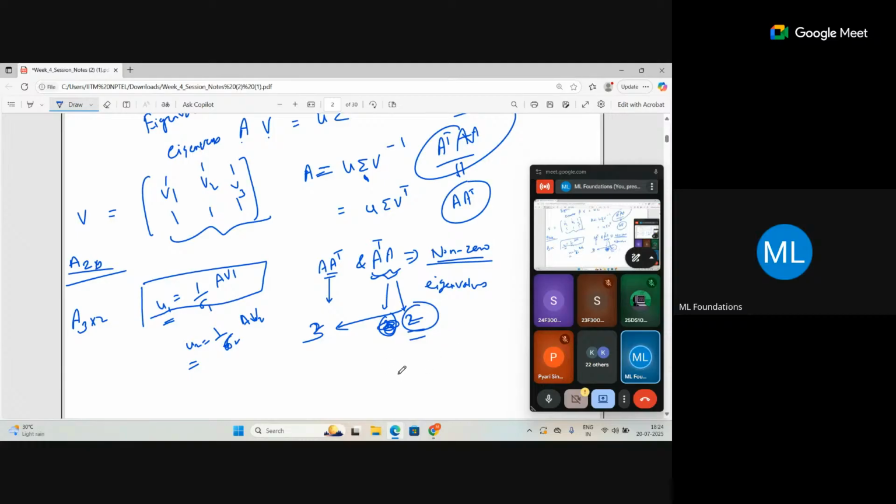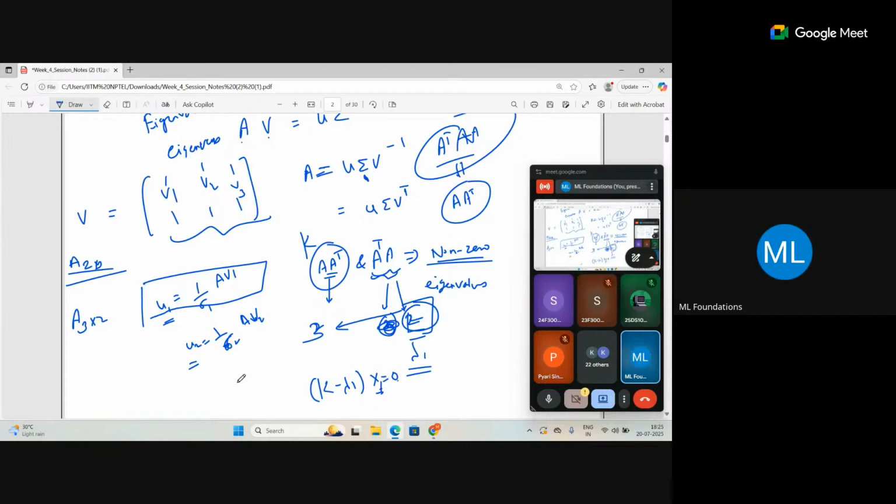What is that process? Suppose this matrix is K, and you know the eigenvalues. For lambda 1, I find K minus lambda 1 times x equal to 0, and then you can find the eigenvectors like that.